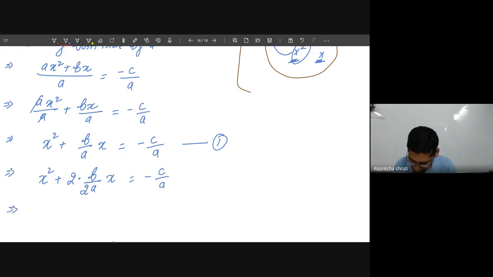Student, observe carefully, whatever step we are doing, this is the main magical step or most logical step of this method. Here what we are getting is x square plus 2 x into b by 2a is equals to minus of c by a. I have written this x just before.